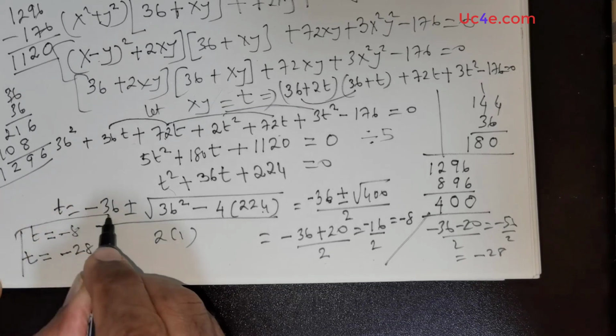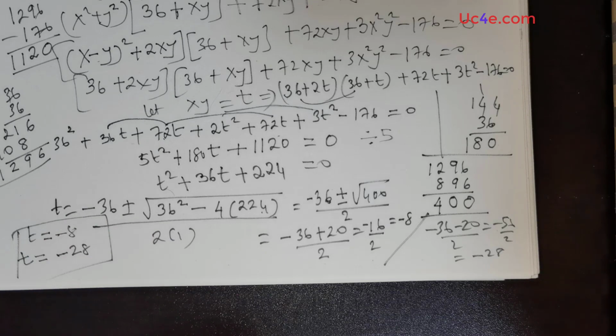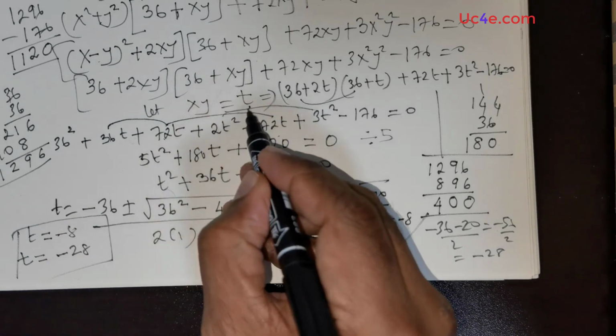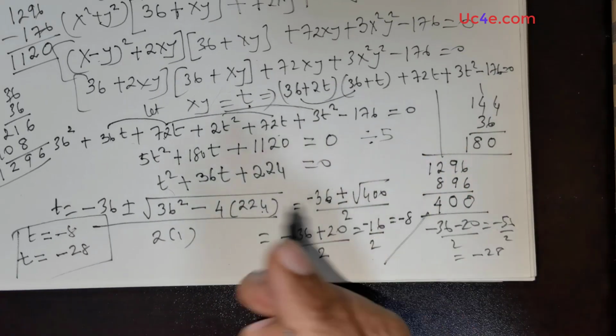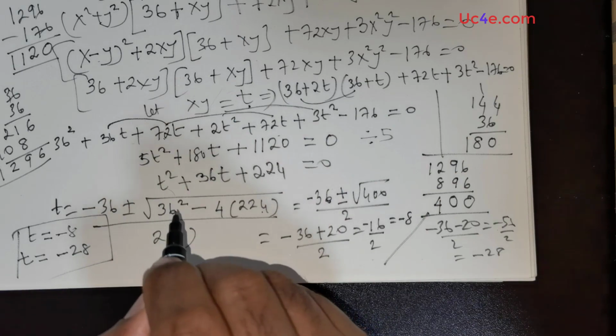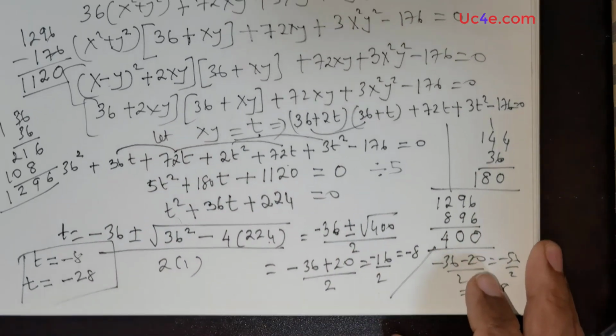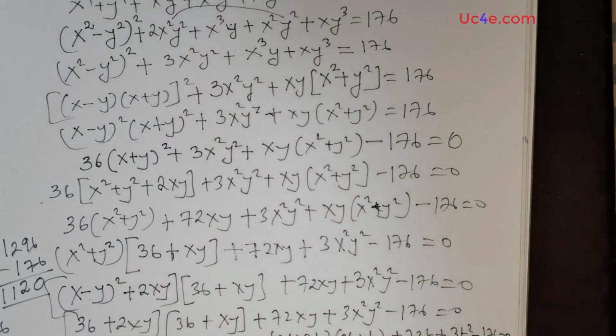So you've got two values, t = -8 and t = -28. Now we have taken xy equal to t, so we will have to substitute that and then solve for x. Let me move on to the next page.